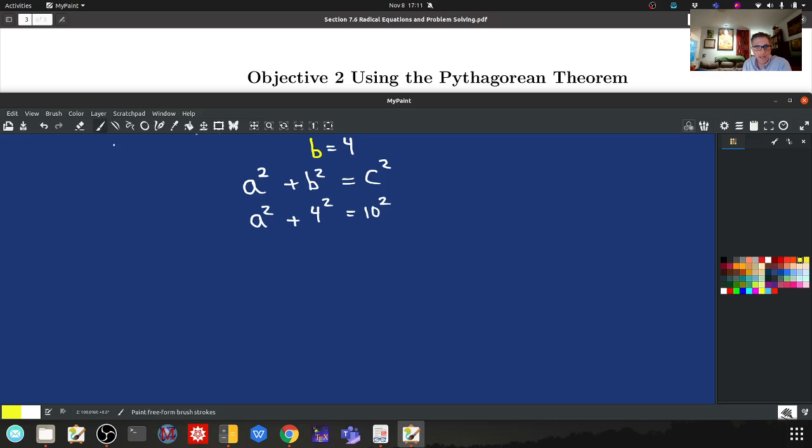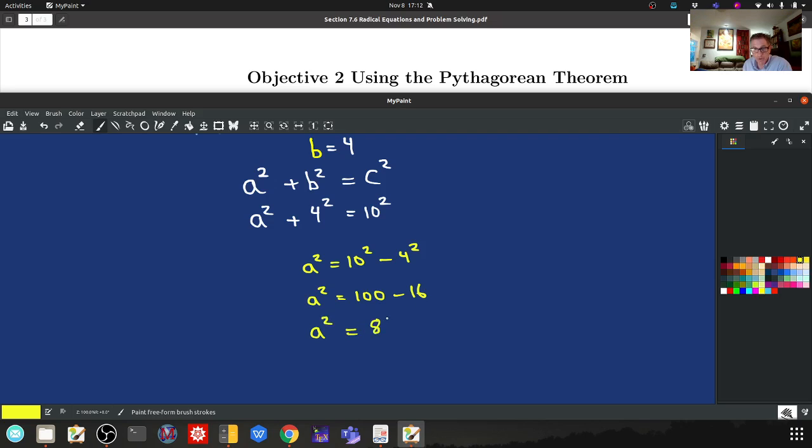So let's go ahead and isolate. You can do this any way you want. I'm going to isolate my unknown, which is my A squared, by subtracting 4 squared from both sides. So that gives me A squared is equal to 100 minus 16. So that means A squared is equal to 84.